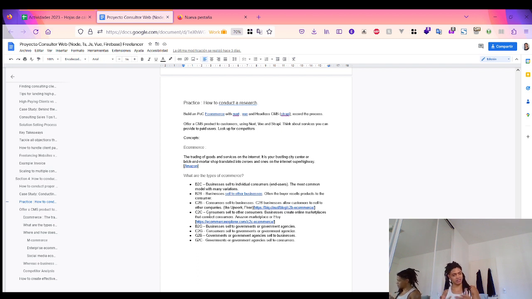And there are several types of e-commerce that are also bound to the business model. First, I look at business to consumers, which is the most common.